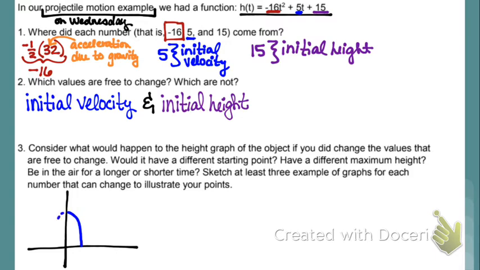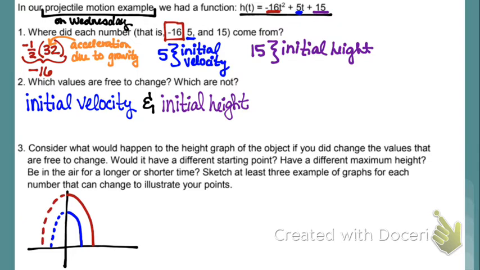I don't have it on here, but the other side of the parabola is like this. I don't have it on there because that's like negative time and that's not a thing. What happens if I stand on something taller? My y-intercept would be higher, and so my parabola would look like that. Again, this side wouldn't actually exist, but that's what my parabola would look like.